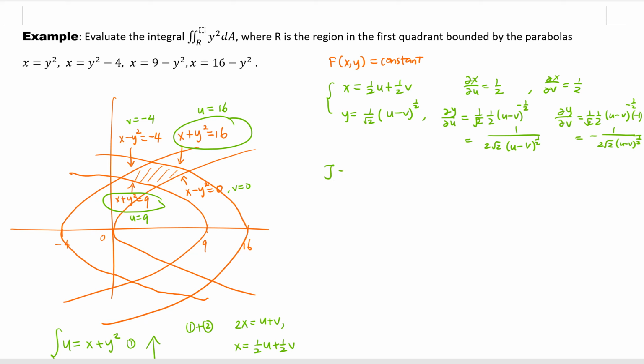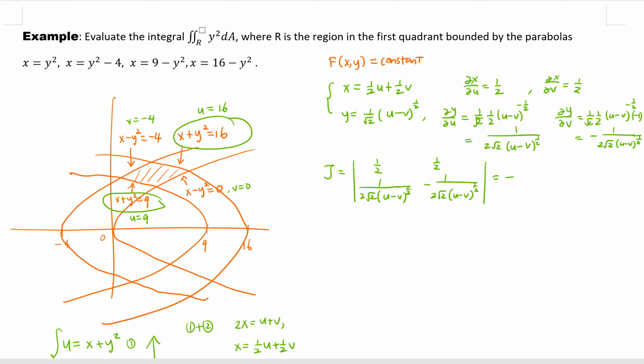Okay, Jacobian. 1/2, 1/2, 1/(2√2) u minus v to the 1/2, negative 1/(2√2) u minus v to the 1/2.